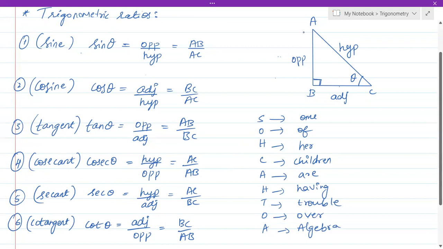So here the first alphabet S stands for sine, and here O stands for opposite, and H stands for hypotenuse. Let me highlight it using a different color.